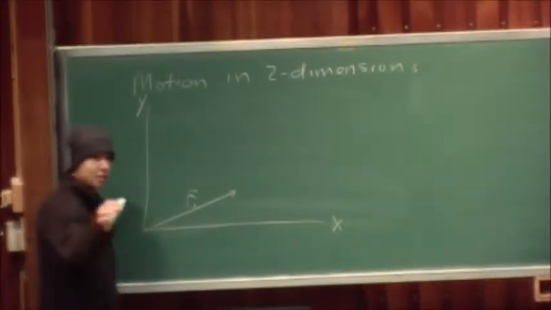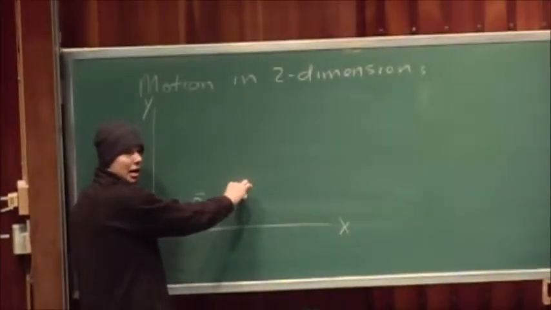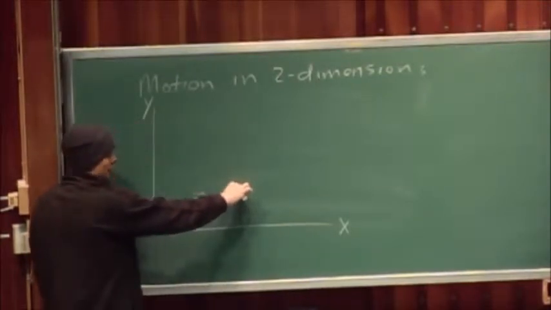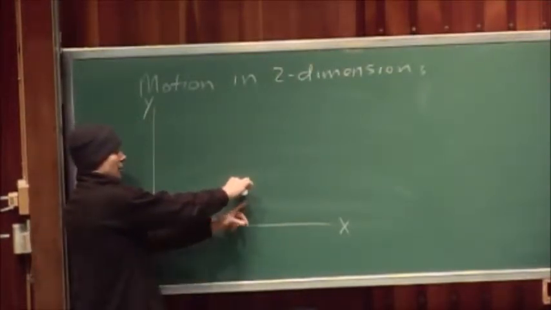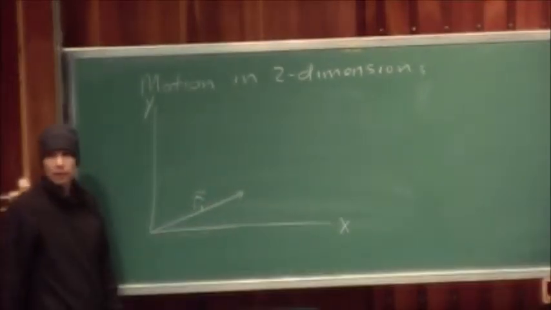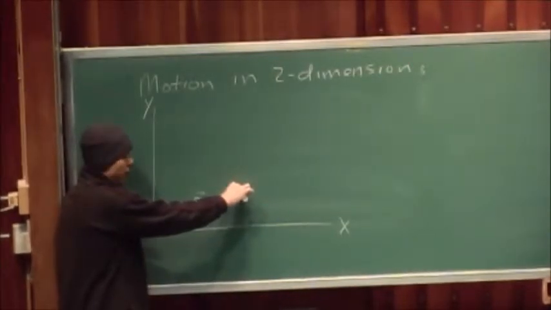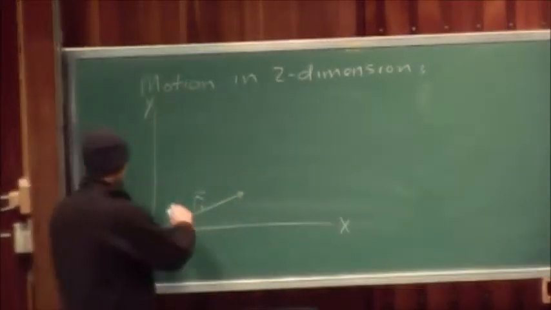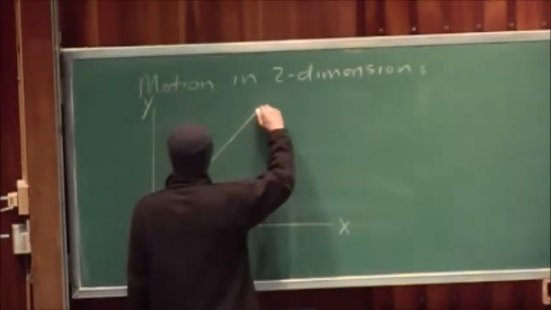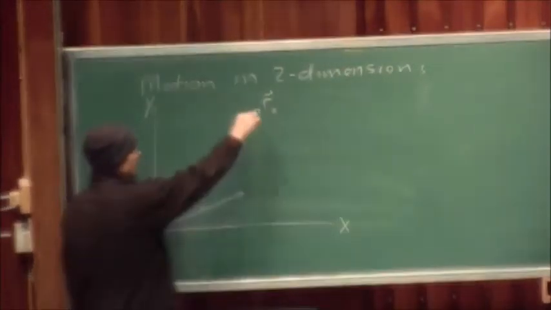So, for example, if I just want to look at the motion of this chalk, I may say, at time t1, I have the displacement of the chalk at this point relative to the origin. Okay, so we say at time t1, the chalk is here. And then at some later time, the chalk may be up here.